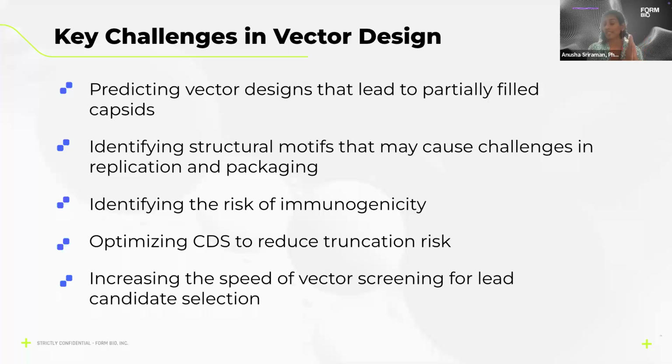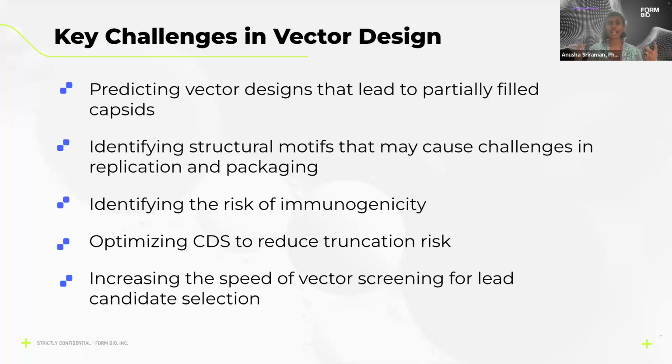Secondly, it is to identify any problematic structural motifs, because this can impact the vector's ability to be replicated and packaged into viral particles efficiently. Thirdly, we want to identify if the vector is prone to immunogenicity risk. So minimizing that risk is crucial so that we avoid any adverse events. Fourthly, we want to ensure that we can optimize the coding sequence so that we minimize the risk of premature truncation or termination, because that helps to maintain the functional integrity of the therapeutic gene and also enhances the therapeutic efficacy.